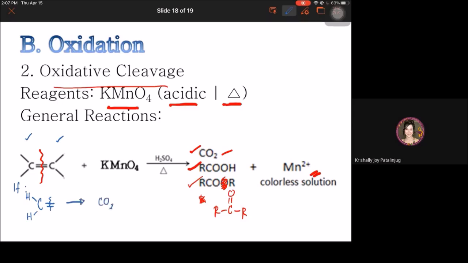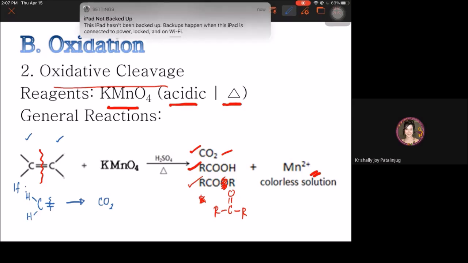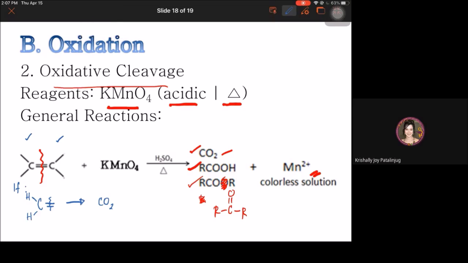Because that portion with hydrogen is highly oxidizable. That's why it becomes CO2. The hydrogen is oxidized, so from CH2, it becomes CO2. If the other cleaved part, you have to listen, it's just a small one.